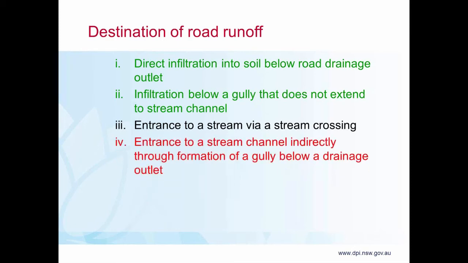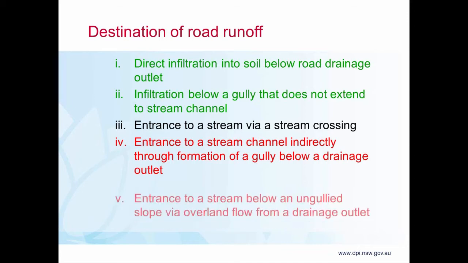Looking at a worst case scenario, you can have a gully form below a drainage outlet that then indirectly links the road with the stream. That is not a great outcome, because effectively you are extending the stream network up to the road.